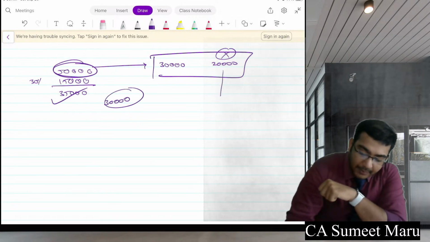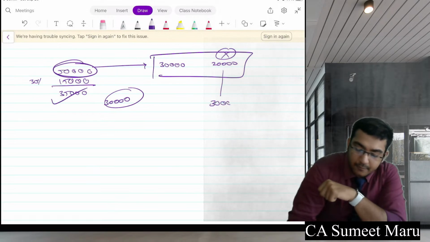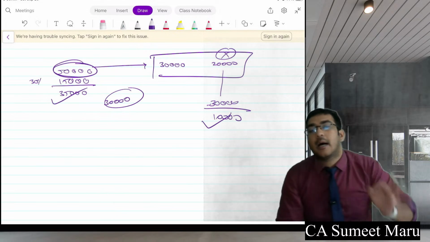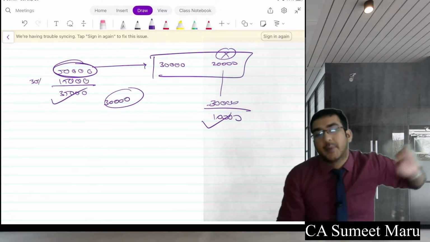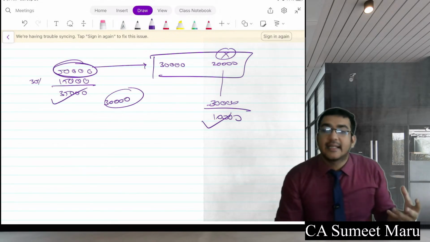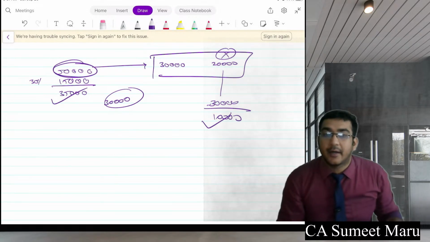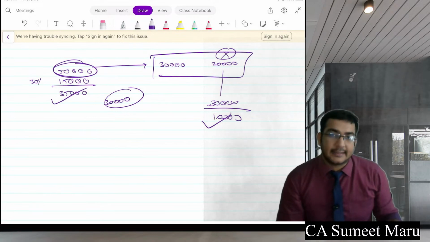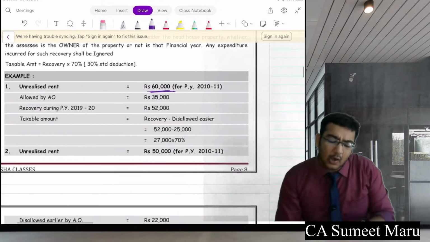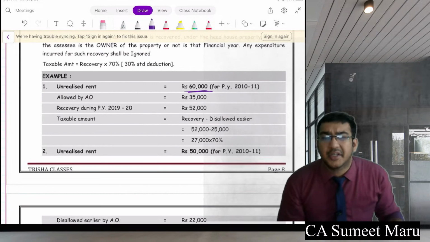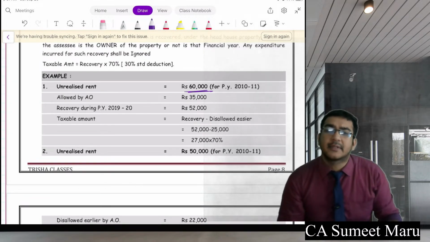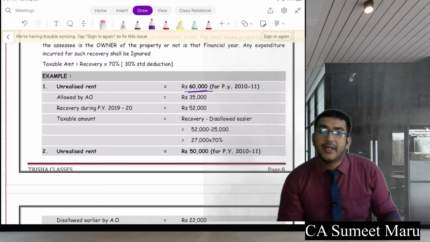So first I will subtract from here, and the balance would be only taxable. मतलब जितना आपका डिसअलाउ कर दिया पहले दूसरे दुश्मनी निकालो, जितना डिसअलाउ किया you subtract that from your arrears of rent, and then the balance you get is taxable. If it was not disallowed, all was allowed as a deduction, then whatever you receive later on will be completely taxable after 30% deduction. Everything clear?